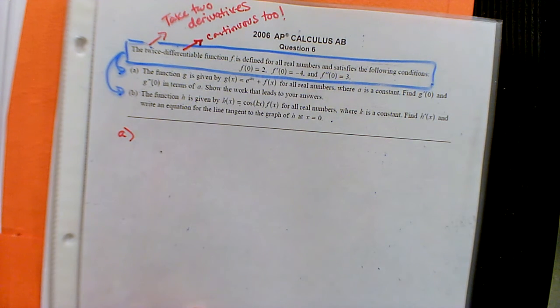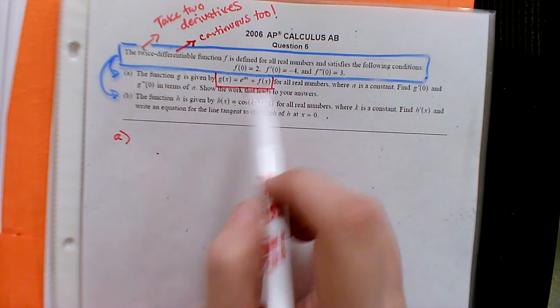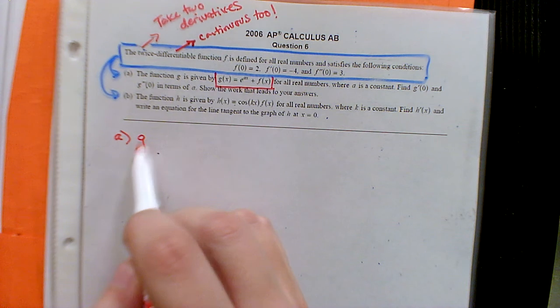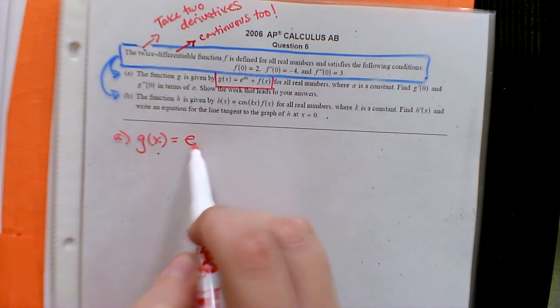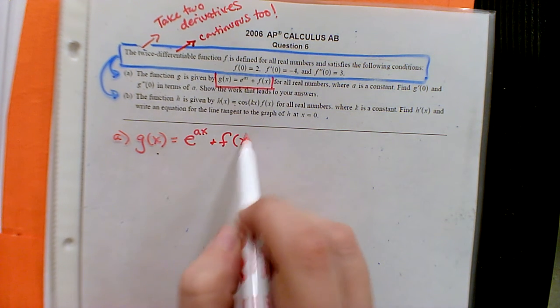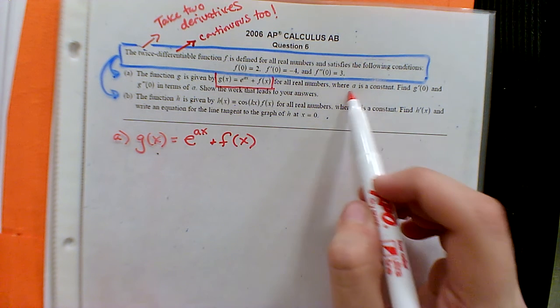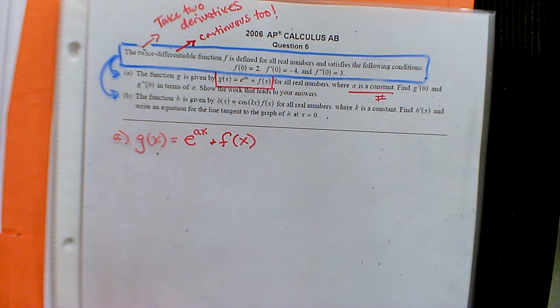The function g is given by, I know it's a little hard to see, but I'll write it better here, e to the power of ax plus f of x, where a is a constant, meaning a number.